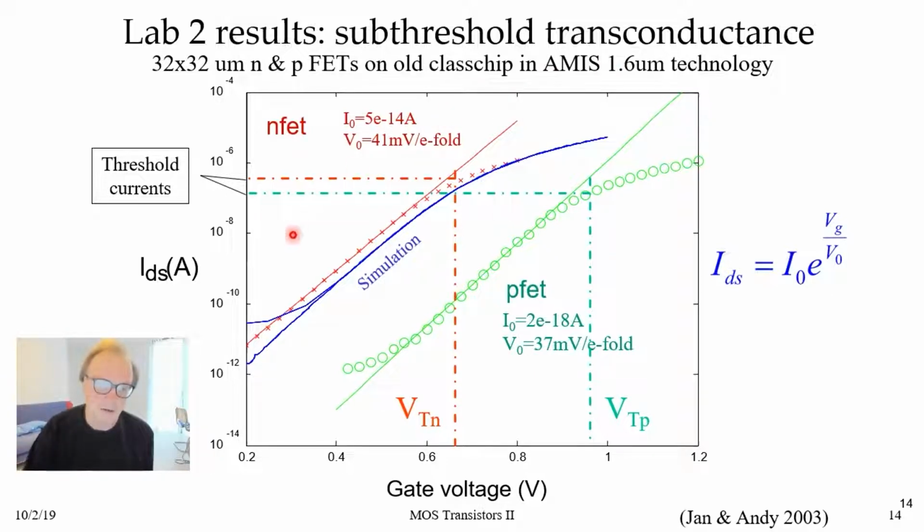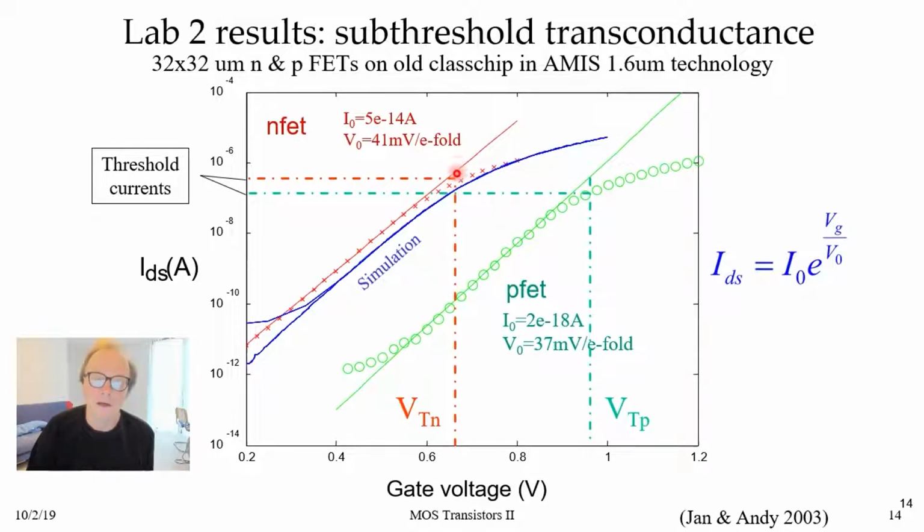Anyhow, this particular transistor, you can see here that it's nicely exponential over at least, in this case, 6 orders of magnitude, from a picoamp to a microamp, or even lower. And you can see that it then starts to curve over like this as the transistor starts to go into strong inversion.